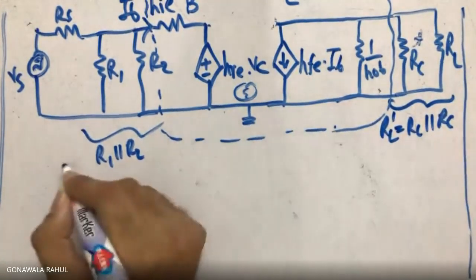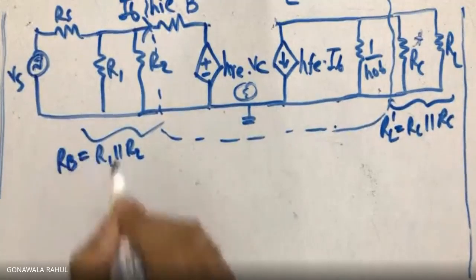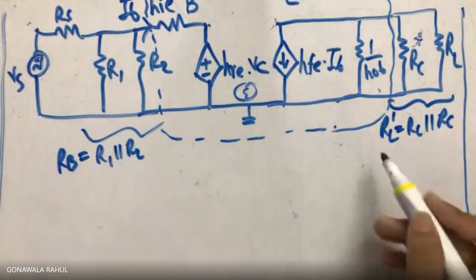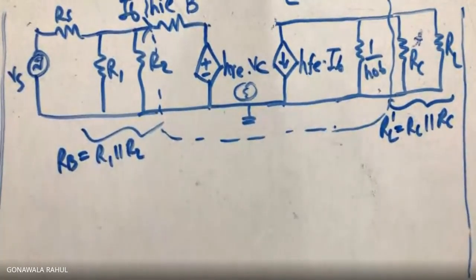Clear? Let's say I denote these as RB. RB is equal to R1 parallel R2 and RL dash is equal to RL parallel RC. So we can simplify this circuit.